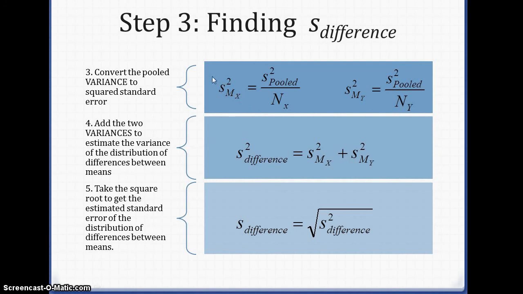So this is the squared standard error for women, and the squared standard error for men. And we substitute in our values, and we get 301.136 divided by 4, because remember, this is the total sample size for women. And here we have the total sample size for men. So we get each of those values.